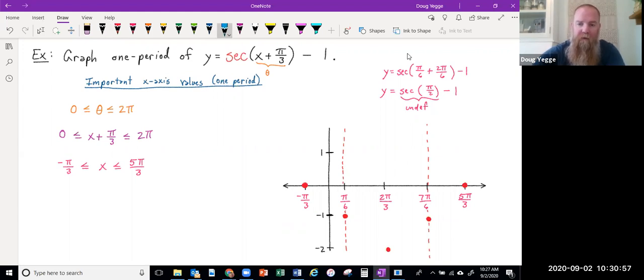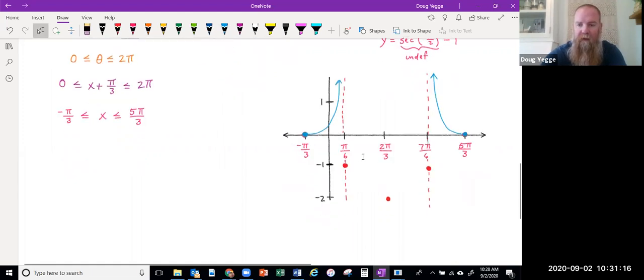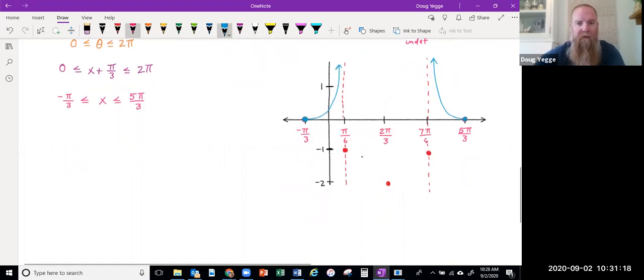So we can start with the value over here at negative pi over 3, and that used to be the maximum for cosine, now it's the minimum for secant. This also used to be a maximum for cosine, so it's another minimum for secant. Now we have to scroll down a bit so that we can have something to get close to, since we ended up having this shift.